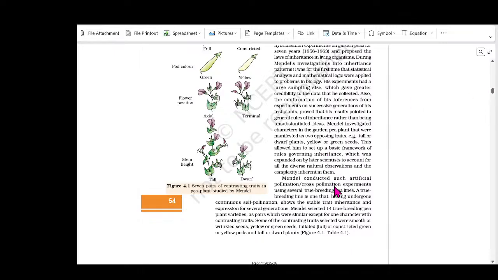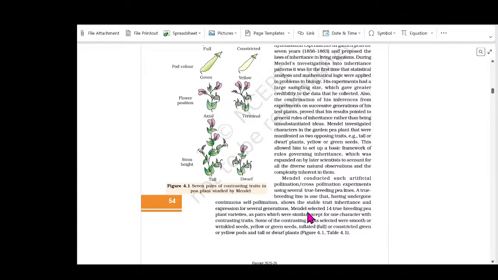Mendel conducted such artificial pollination, cross pollination experiments using several true breeding pea lines. A true breeding line is one that, having undergone continuous self pollination, shows the stable trait inheritance and expression for several generations.